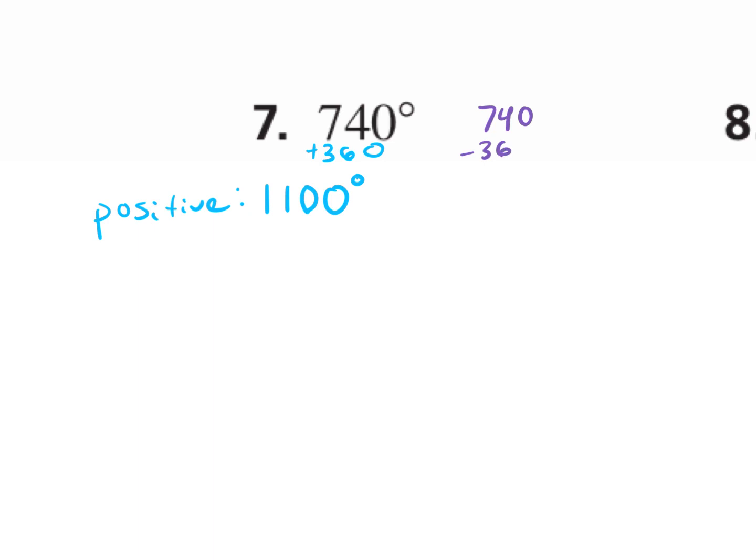Subtract 360. 740 minus 360 is 380. Is that a positive or a negative coterminal angle? No, remember we're looking for a negative number. But this is actually a positive coterminal angle. So we can add 380 to our list of positive ones. So if you said 380 as a positive coterminal angle, that would be right.